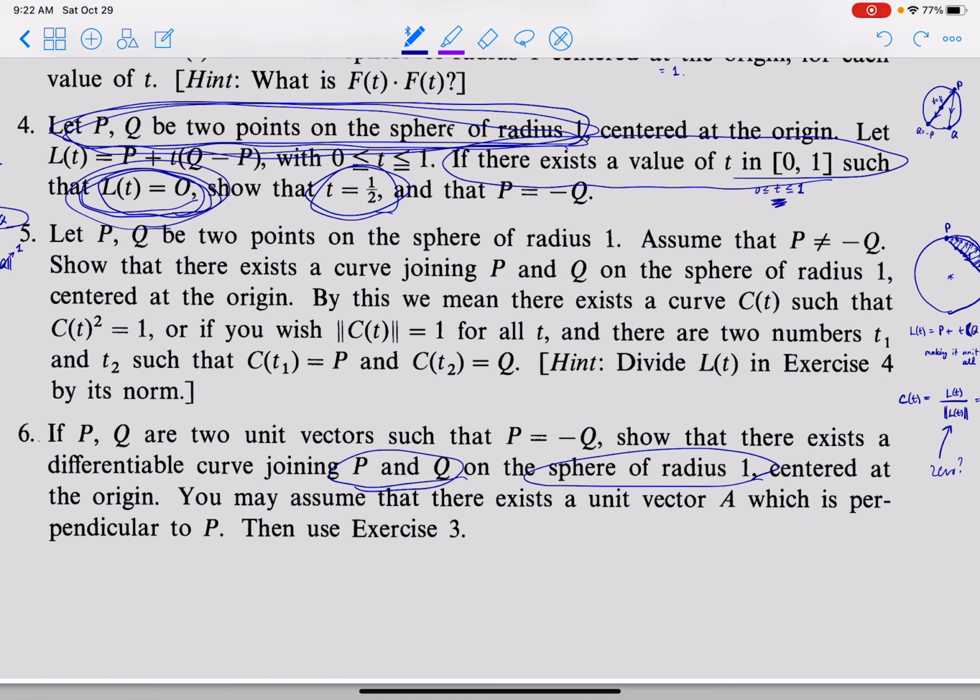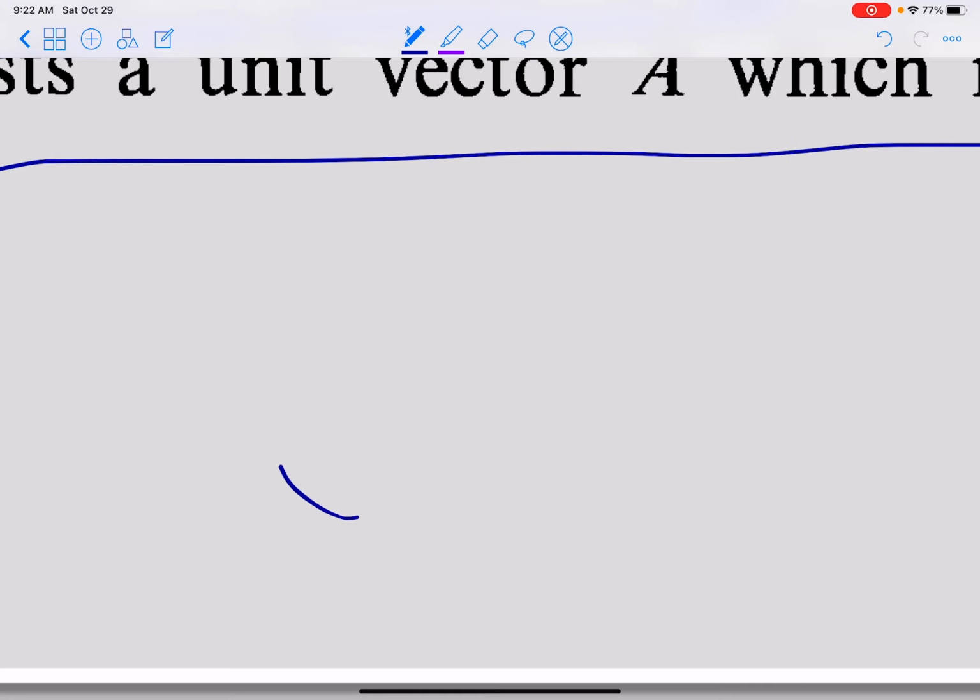You may assume that there exists a unit vector A which is perpendicular to p. Then use exercise 3. So here's our cartoon: here's p, and here's q on the opposite side. It's equal to -p. We can't just put the line through and then divide by the norm, because right there the norm will be 0.